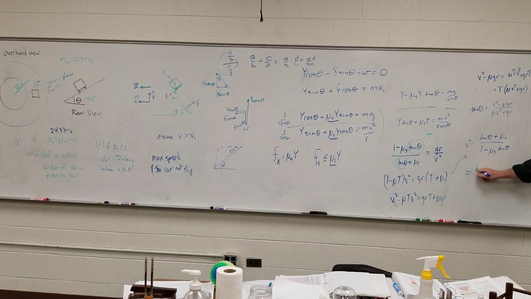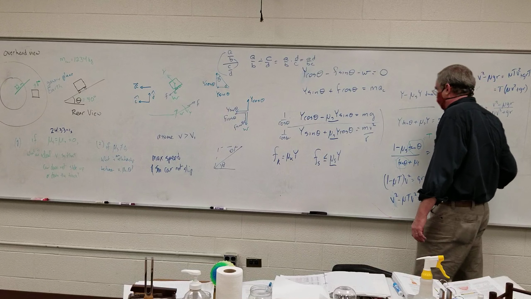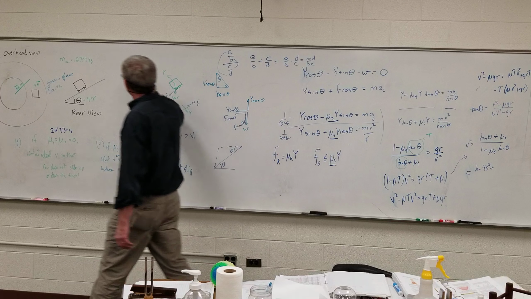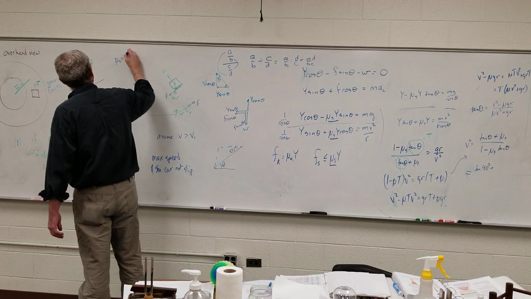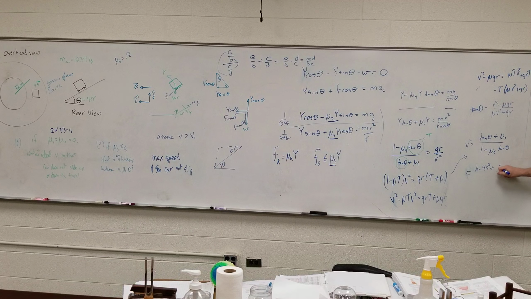So this becomes the tangent of 40 degrees plus, let's give an actual value there. Let's make mu 0.8. Plus 0.8 over 1 minus 0.8 times the tangent of 40 degrees.